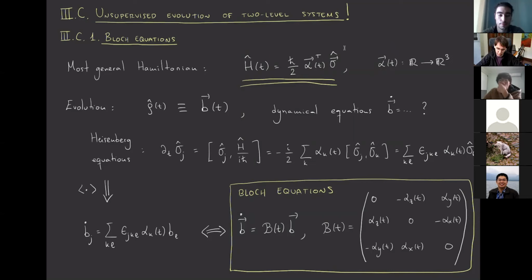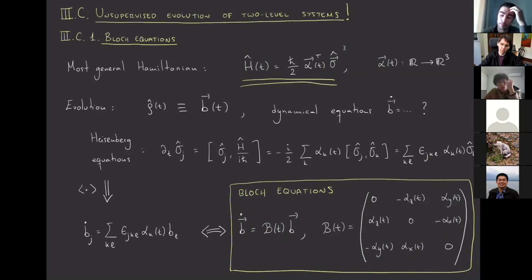So the equation for the Bloch vector is also a linear equation, only with 3 variables, because the Bloch vector has 3 variables. And therefore, this can always be solved, in the worst case numerically. So it's very, very easy to solve, at least numerically, these 3 linear coupled equations.